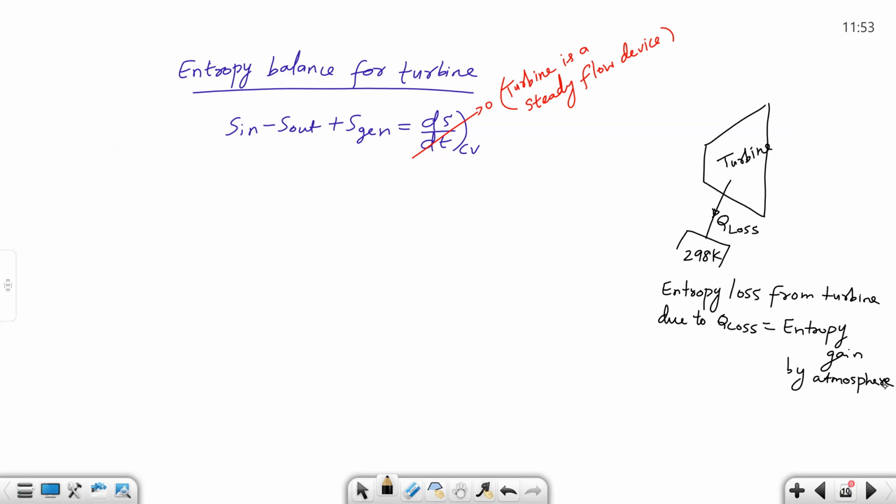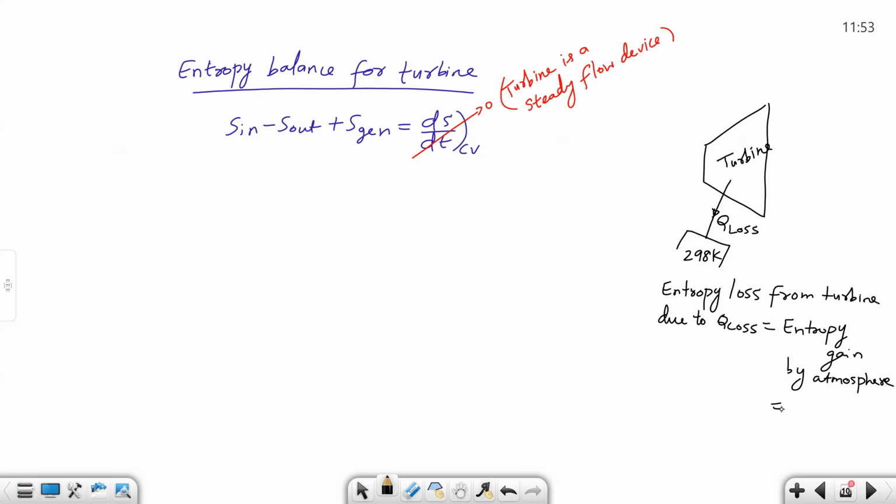So when the turbine is losing heat, the atmosphere is gaining entropy, and the turbine is losing entropy. Since the surface temperature at which the heat loss is given is not known, we could get the entropy loss due to the heat loss.